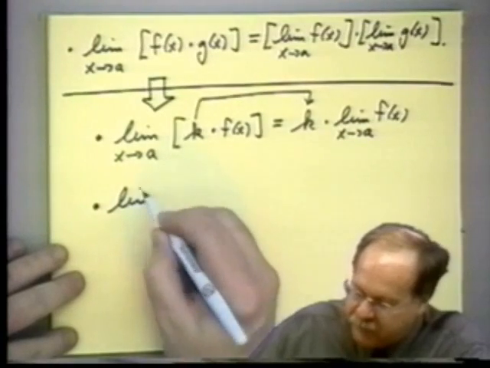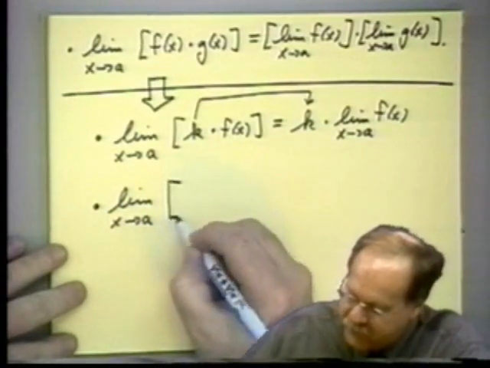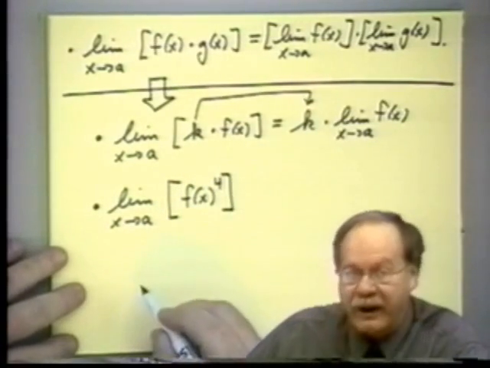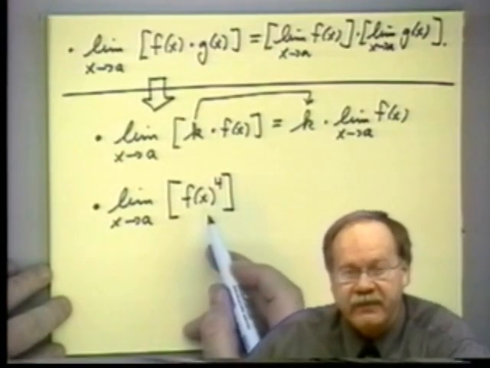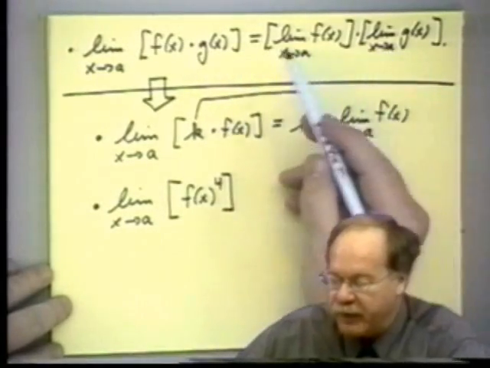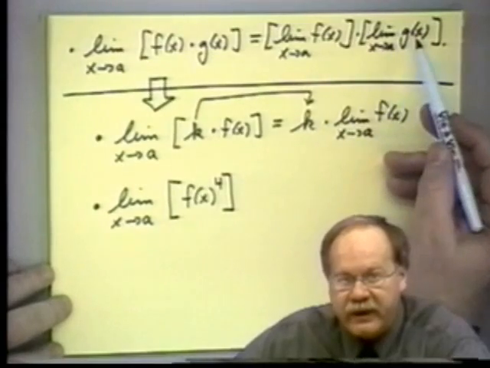Here's another example that flows from that product rule above. Suppose I take a limit of the function f of x taken to the fourth power. This is just f of x times f of x times f of x times f of x. That's the product. This rule says it breaks apart into the limit of each one of them multiplied by all the others.